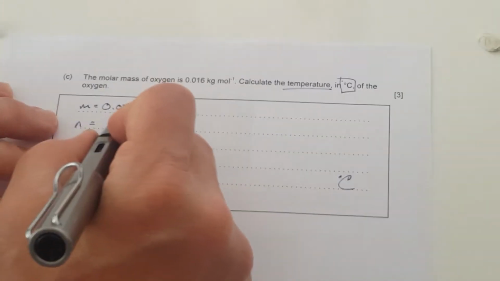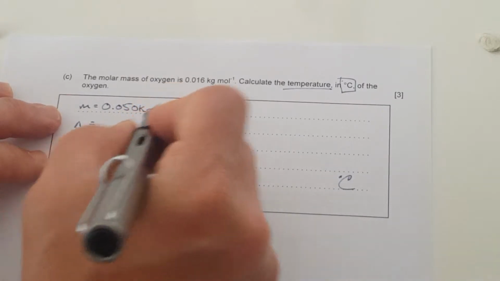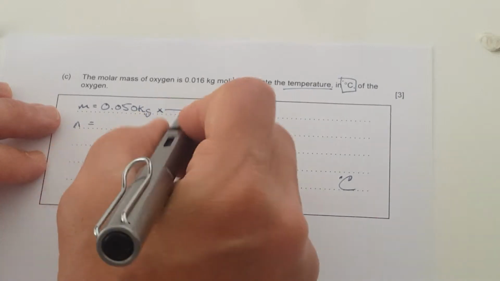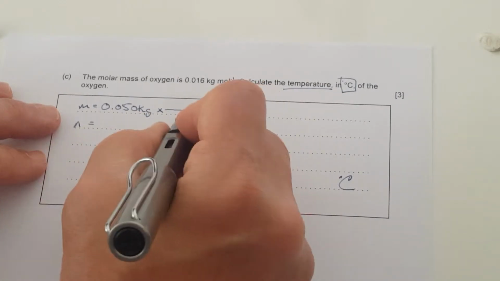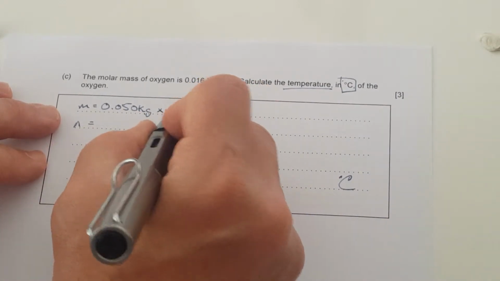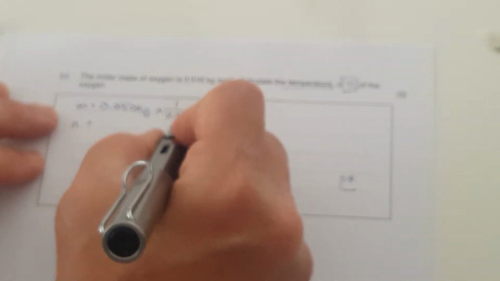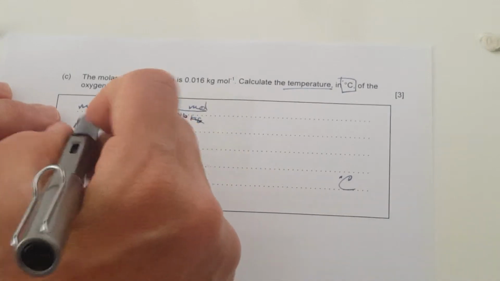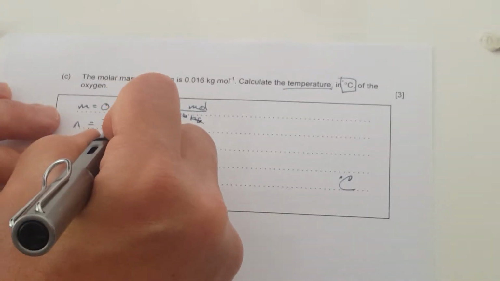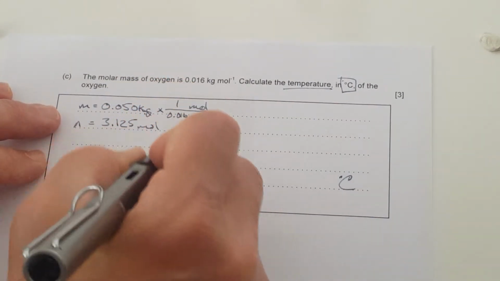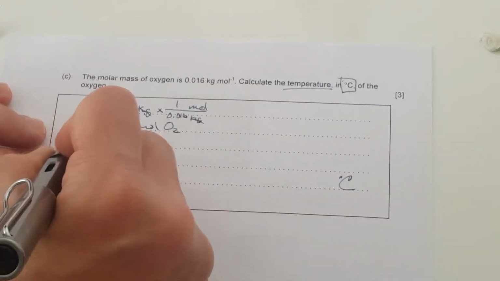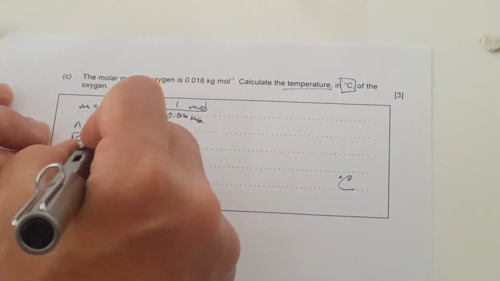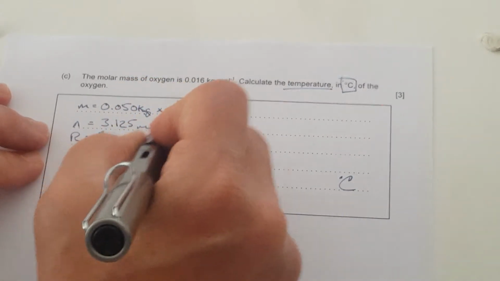So if I have 0.05 kilograms, then I'm going to take that times, say I want to get rid of kilograms, so that's going to go on the bottom here, put the mole on top. Now when I multiply that out, the kilograms cancel, leaving me with just moles, and I come up with 3.125 moles of O2.